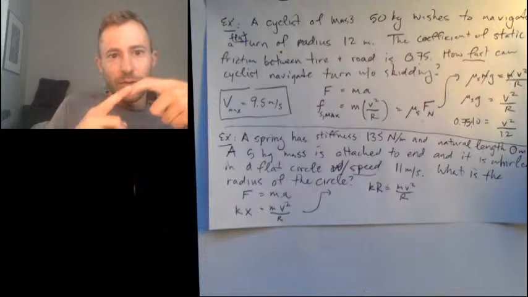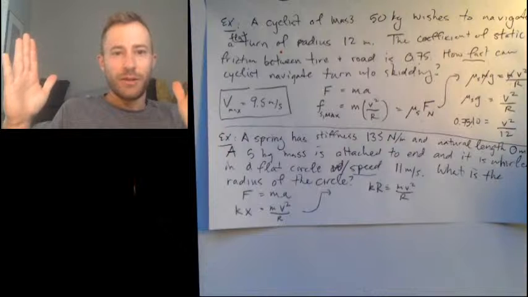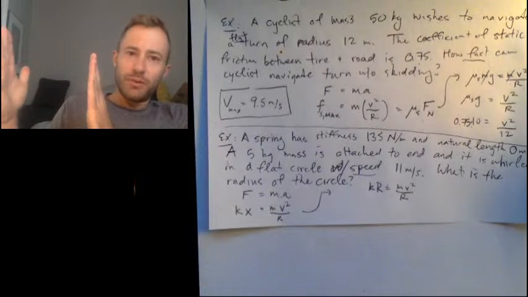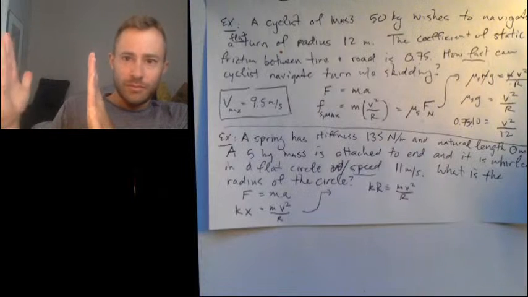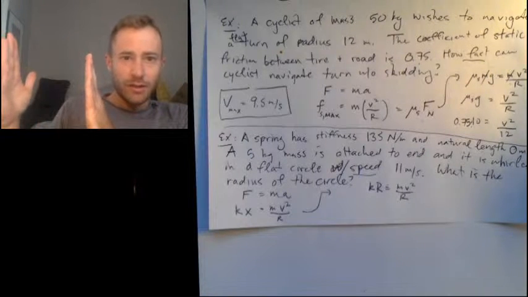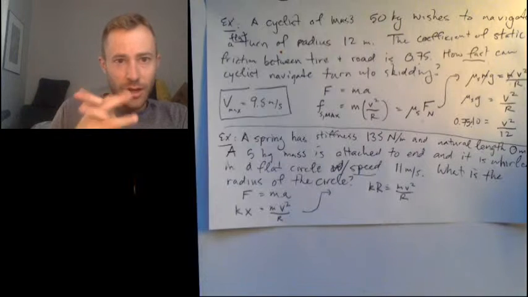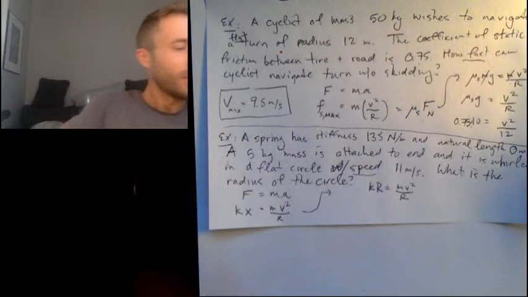The extension of the spring is the distance that it increases beyond its natural length, so it will be 0.5 meters, okay? So that's just a heads up for the homework today.